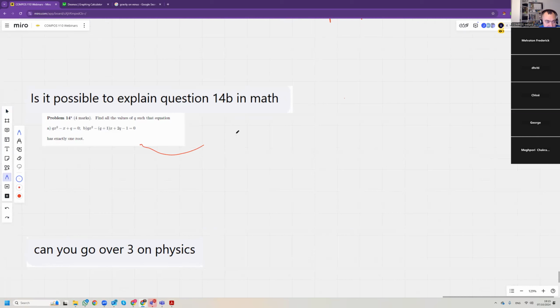So a quadratic equation has one root if the discriminant is 0.